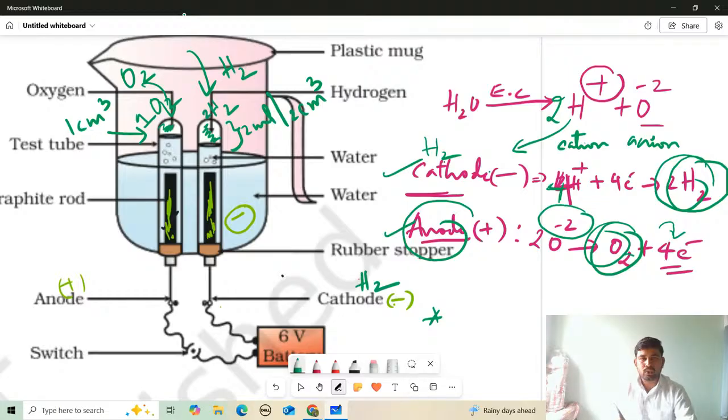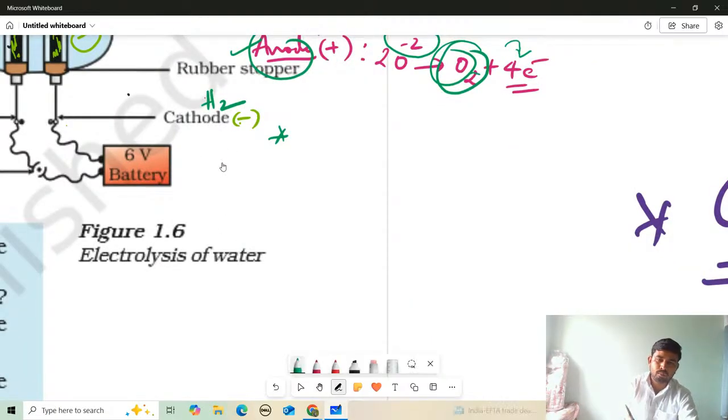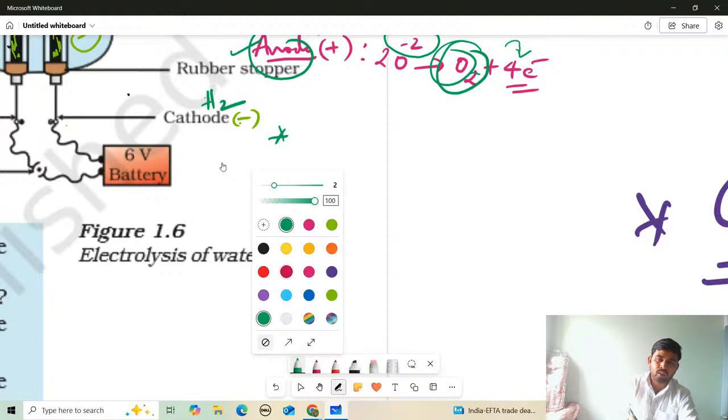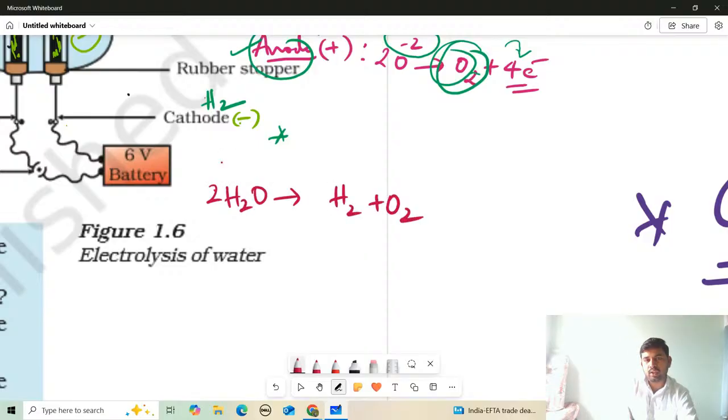Let me write the equation here: 2H2O gives rise to 2H2 plus O2. Remember why this is so?